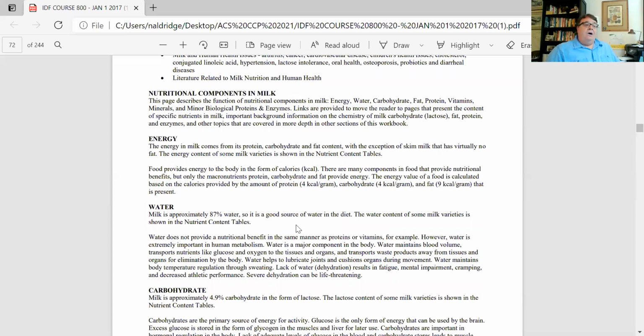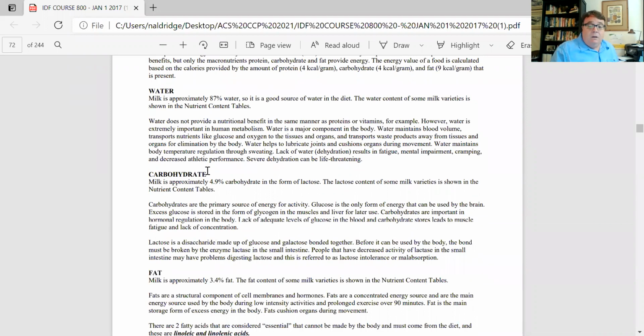They may not ask you, since that's a general question, it's approximately 87%, but they could ask, what is the highest percentage component of milk? And it could list out water as one of the choices. So that could be how that question could be phrased. All righty, know about your carbohydrates. I love me some carbohydrates, dadgummit.